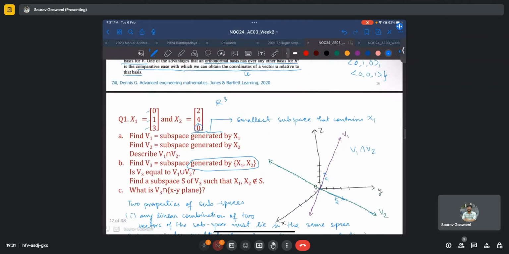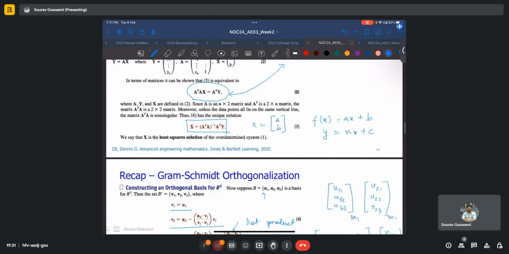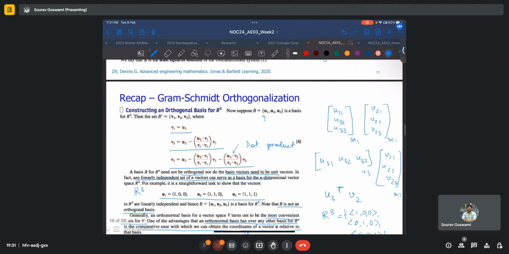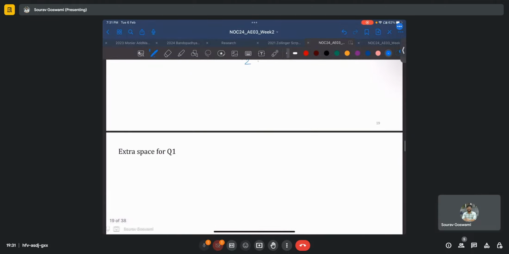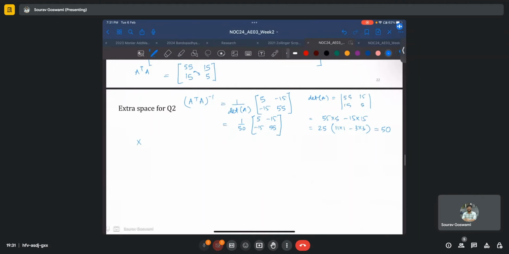Just look again, what is the solution? X is A transpose A whole inverse A transpose Y. I have calculated A transpose A inverse.